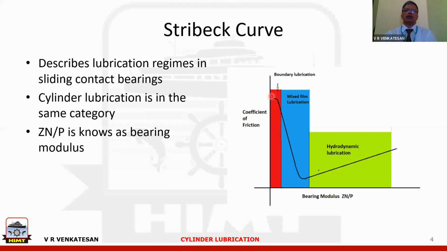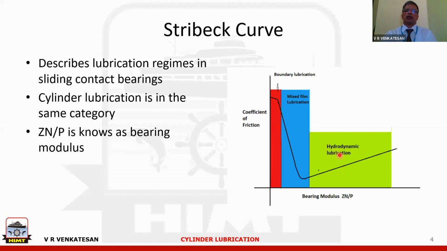Where the friction coefficient is high, that part is called boundary lubrication. And as the friction coefficient starts coming down, it goes into an area called mixed film lubrication. And then it comes to a place called hydrodynamic lubrication.